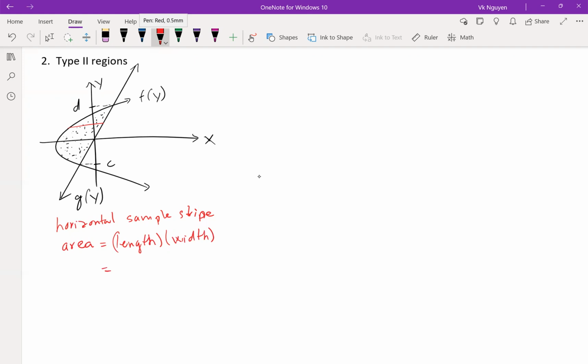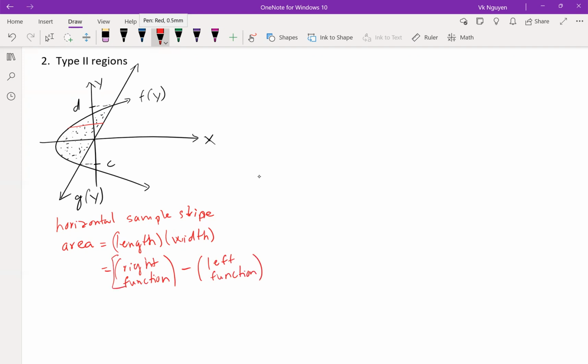The length here is the function on the right side minus the function on the left side: right function minus left function.